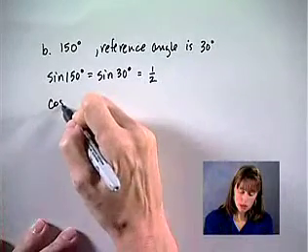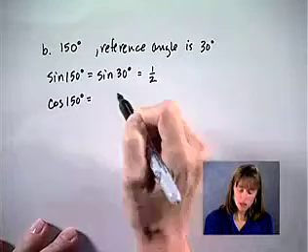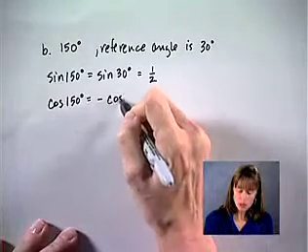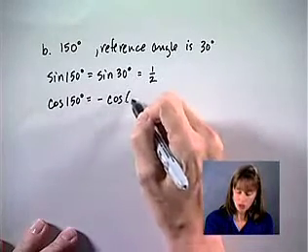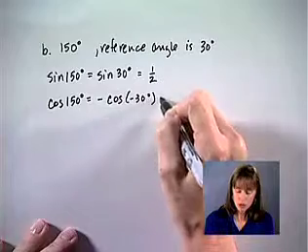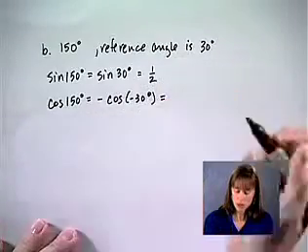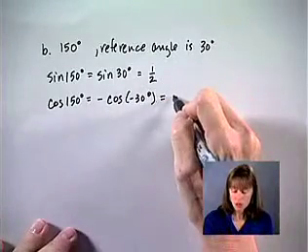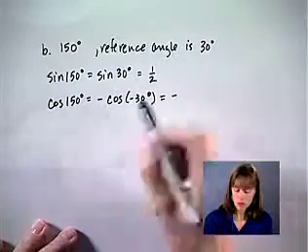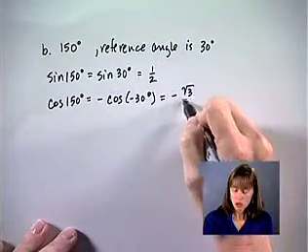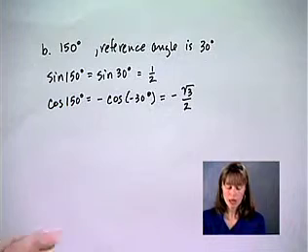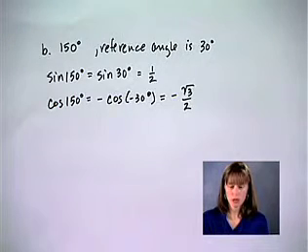But the cosine of 150 degrees is going to be the opposite of the cosine of 30 degrees, which is negative square root 3 over 2. So I have the sine and cosine of 150 degrees.